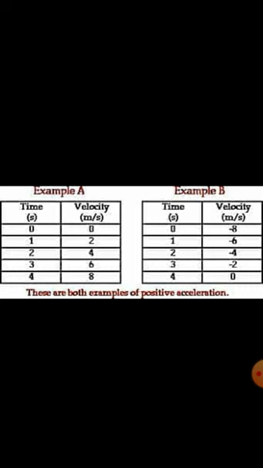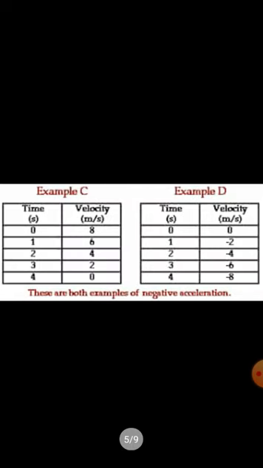Now, if the final velocity v is less than its initial velocity, that is, v is less than u, then change in velocity v minus u is negative, acceleration will be negative.